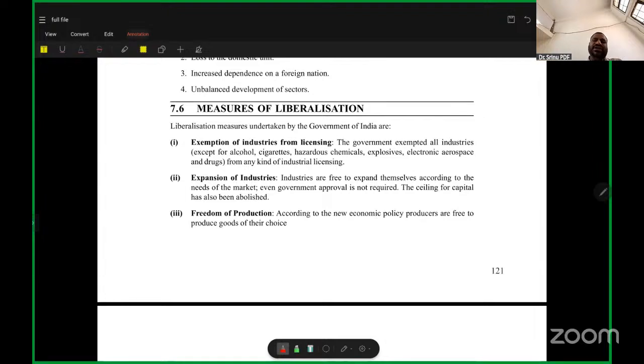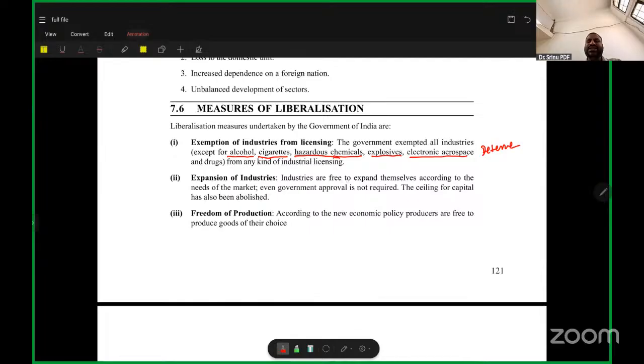Previously we discussed the licensing system: alcohol, cigarettes, hazardous chemicals and explosives, electronics, aerospace, and defense-related products. Except these, they removed the restrictions from all. So every other sector is delicensed.